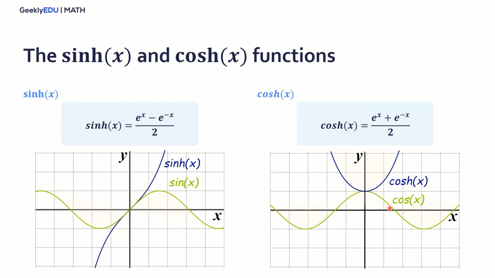Comparing to the cosine, that's also a wave, right? We look at this blue line and say, well, that's a parabola, right? Not quite. They're pretty similar, but if you calculate the parabola or the hyperbolic cosine of x, you will again get different results.